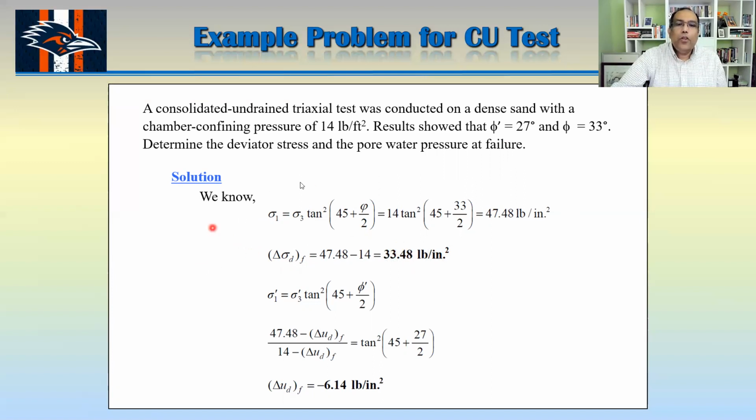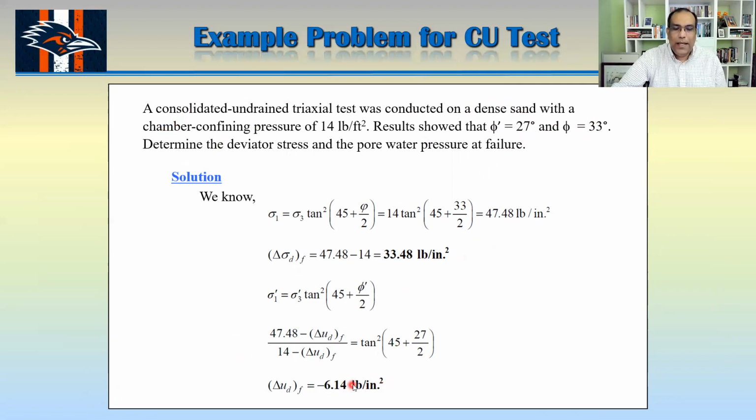Okay, no, I made a mistake here. Actually, this one is fine, because this happened since the soil is dense sand, which means the volume will try to increase, and that will create a negative pore water pressure. That's what happened here. When you find the pore water pressure, this one is negative.